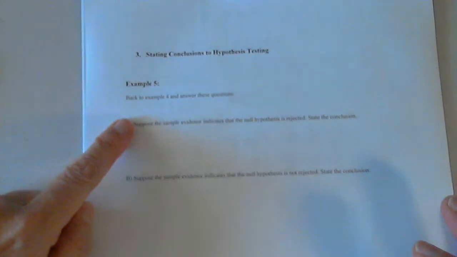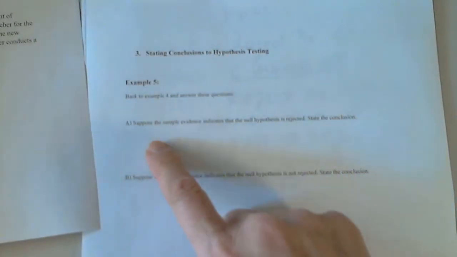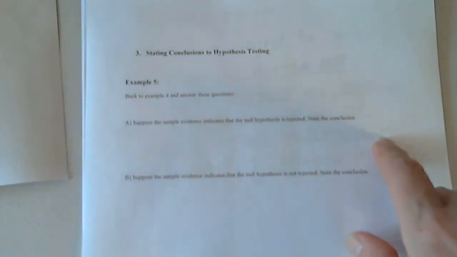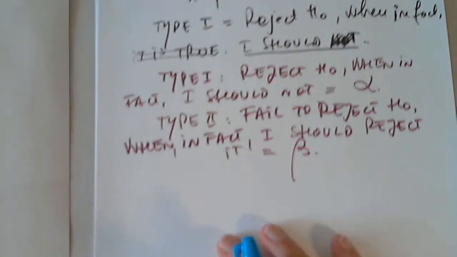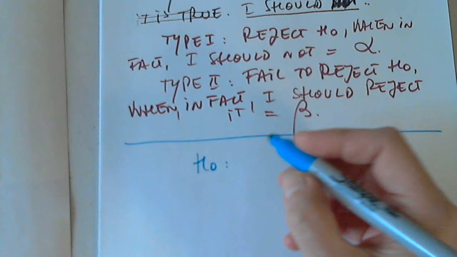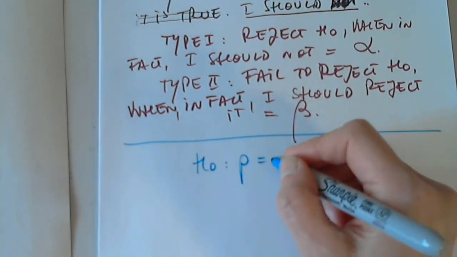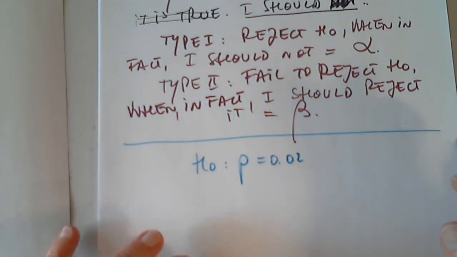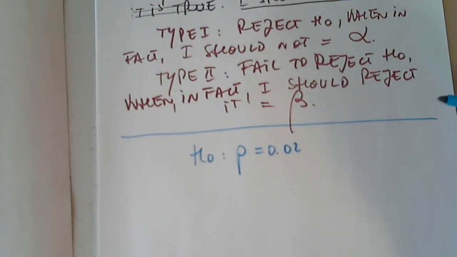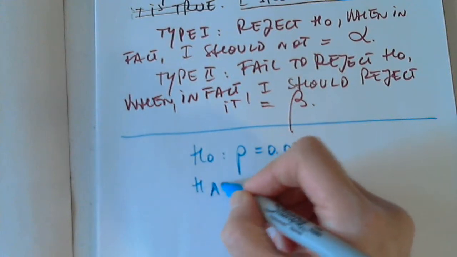Finally, how do we state conclusions on hypothesis testing? So we go back to example 4. Suppose the sample evidence indicates that the null hypothesis is rejected. State the conclusion. So back to the same example where H0 is that the proportion of kids taking antibiotic and experiencing headaches as a side effect is this.